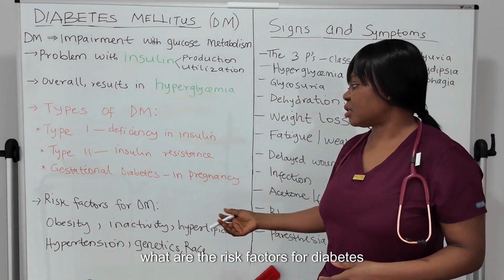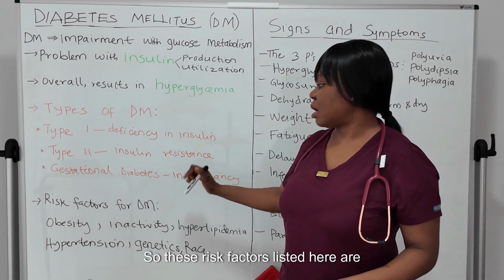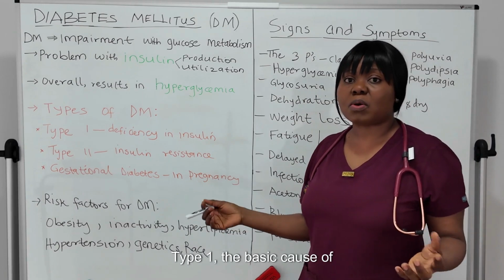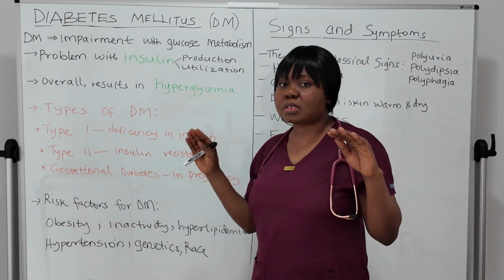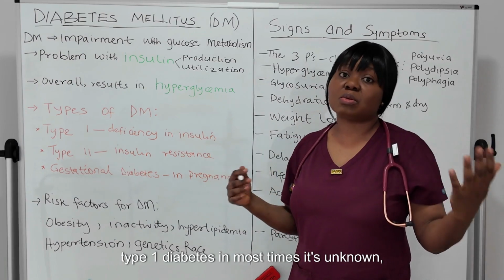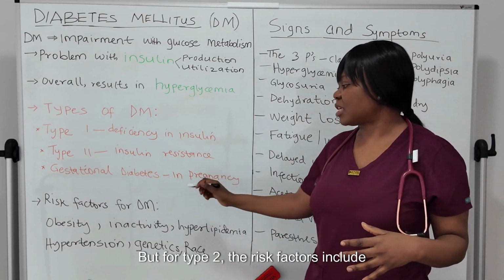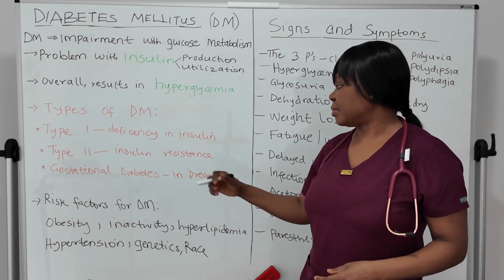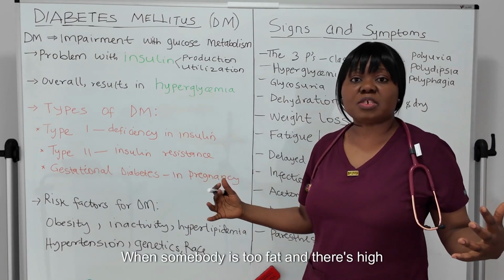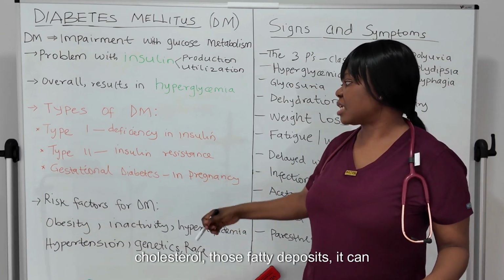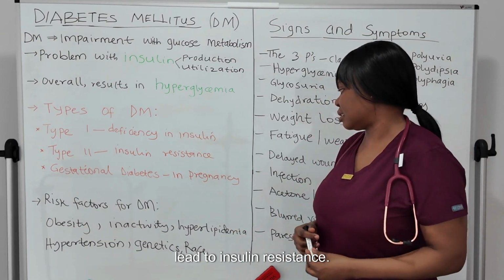So what are the risk factors for diabetes mellitus? The risk factors listed here are more for type 2. For type 1, the basic cause is most times unknown, like I mentioned. But for type 2, the risk factors include obesity and inactivity. If somebody is overweight and there is high cholesterol, there are those fatty deposits, it can lead to insulin resistance.